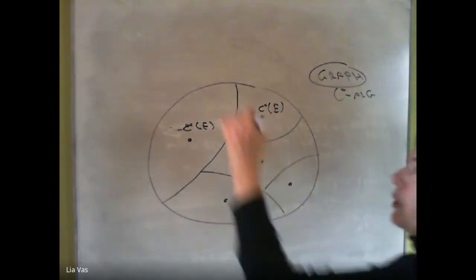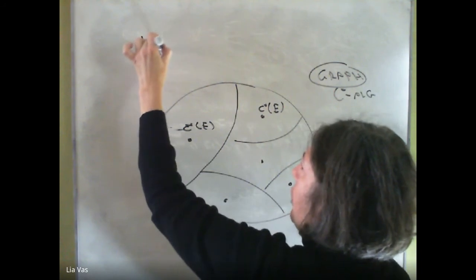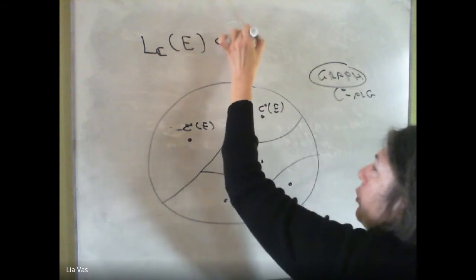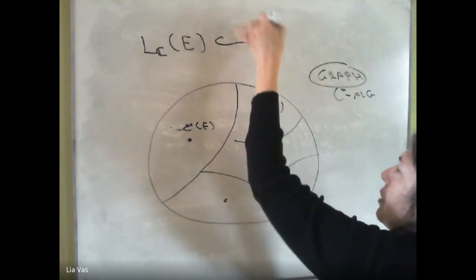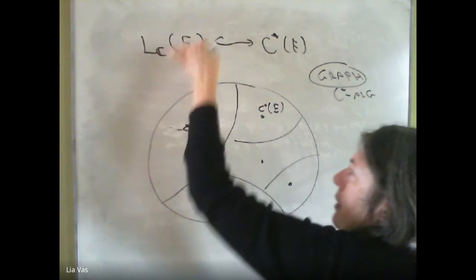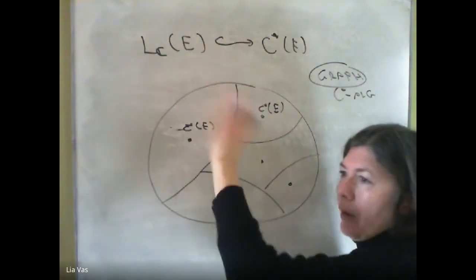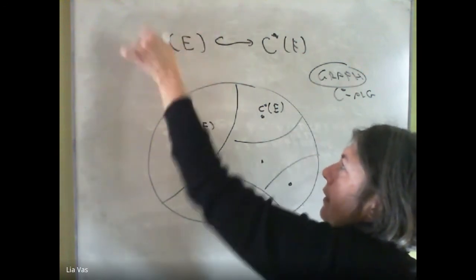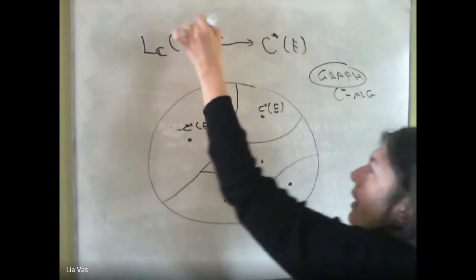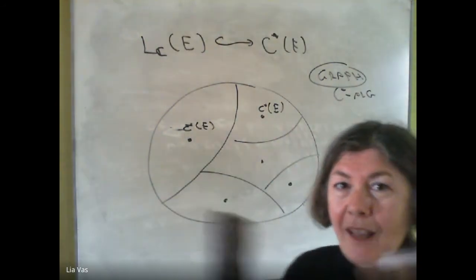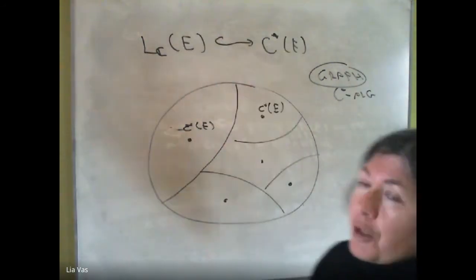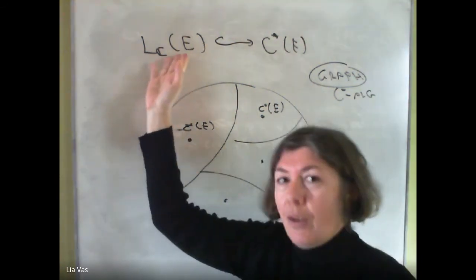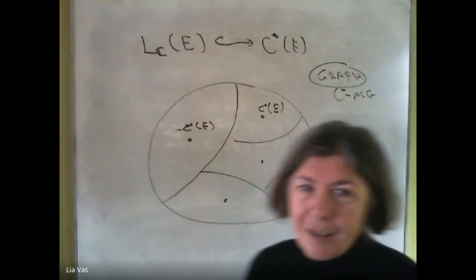And then people came up with Leavitt path algebras. And if you're looking at a Leavitt path algebra over complex numbers, and if you complete it with respect to the norm, so this has some pre-norm structure that we don't need to go into the details of today, but, you know, it is useful to think that this sits inside of that, and somehow it's dense, right? It's a big chunk of the C-star algebra, and then when you complete this Leavitt path algebra with respect to that missing norm, then somehow you end up in the C-star algebra.